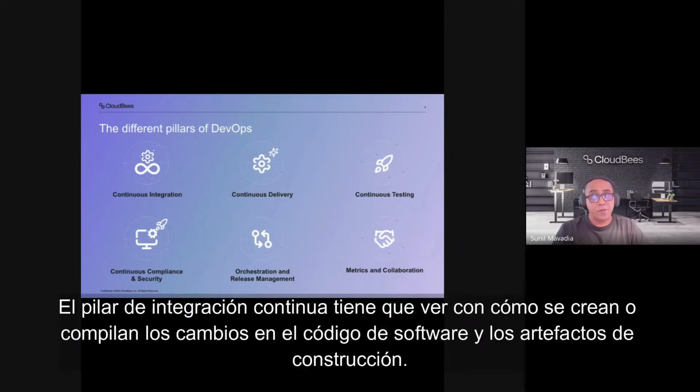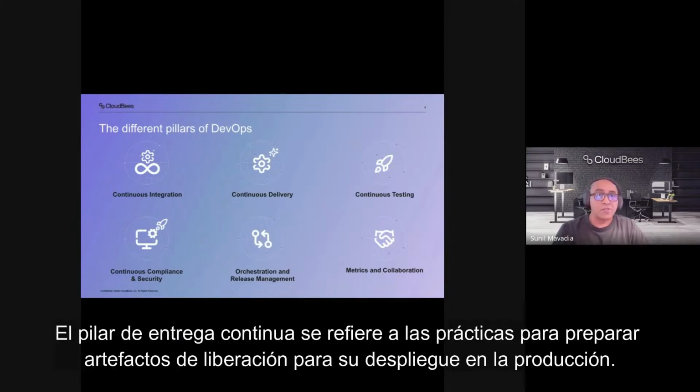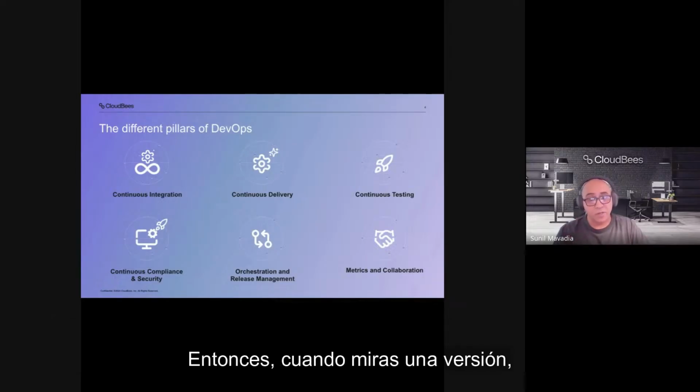The continuous integration pillar has to do with how changes to software code and build artifacts are built or compiled, right? This is the assembly of your software so that they can be packaged and deployed as executable artifacts into production. The continuous delivery pillar refers to practices for preparing release artifacts for deployment to production. So when you're looking at a release, it is made up of many applications put together.